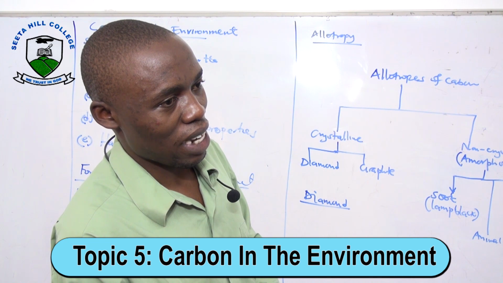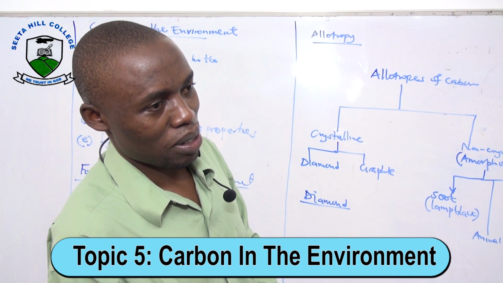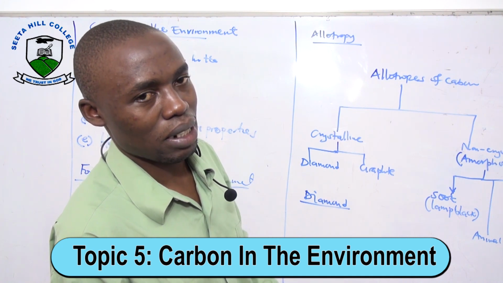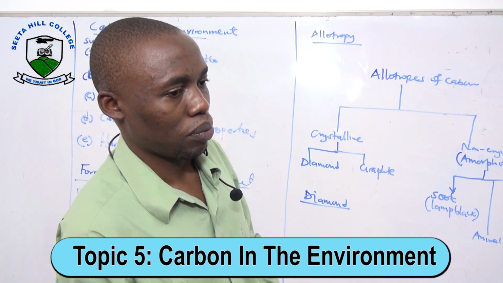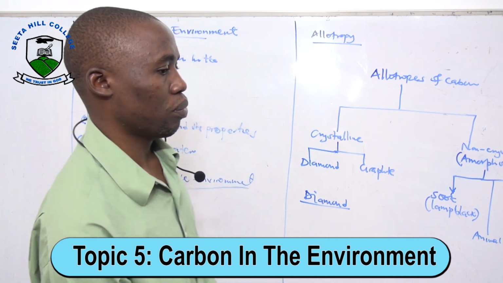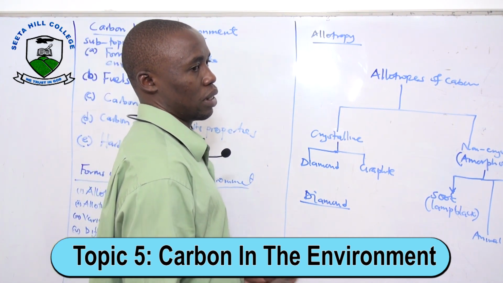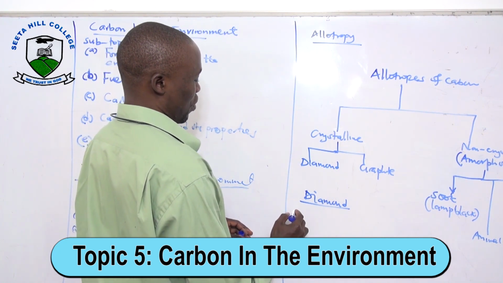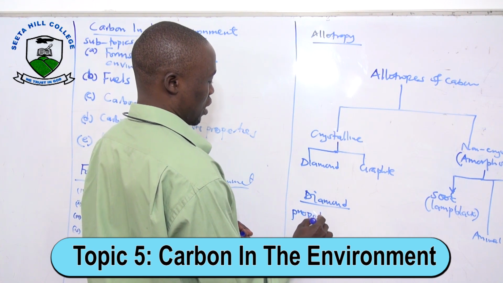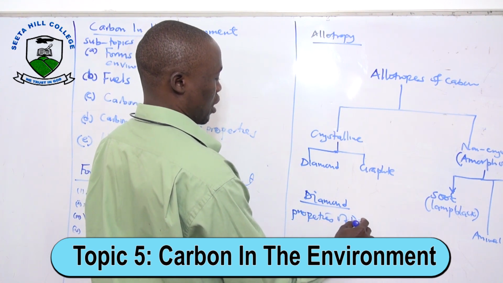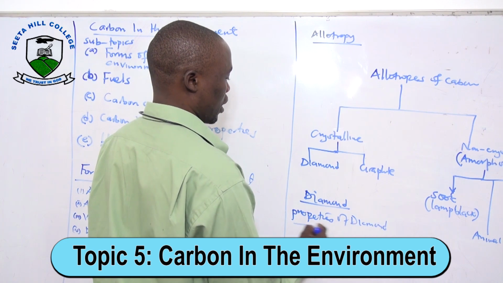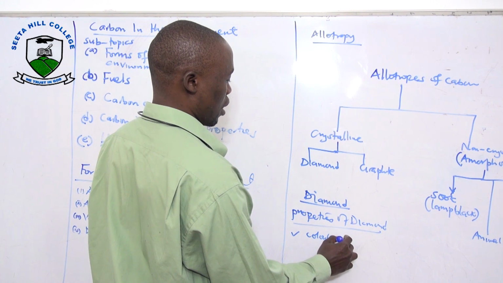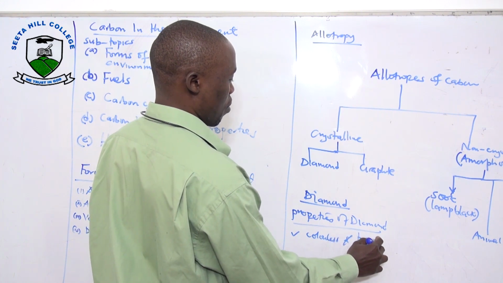What is the color of glass? Colorless. Yes, a solid can be colorless. Diamond is colorless. Let us look at the properties of diamond. It is colorless and transparent.